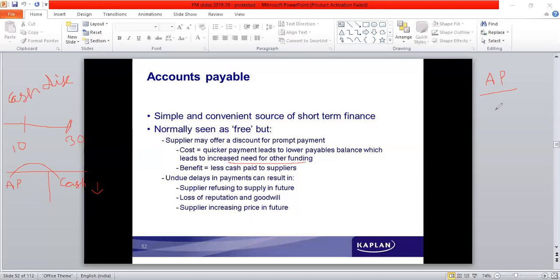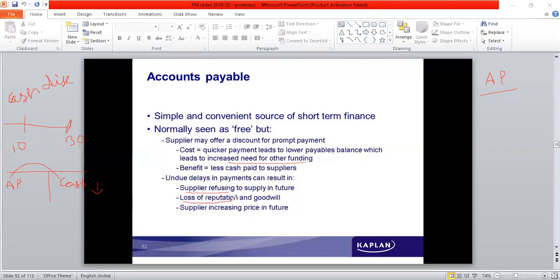So making the payment promptly can build up their reputation, or it can affect their reputation. Undue delays in payment can result in suppliers refusing. If the payments are not made, suppliers in future may not be willing to extend more credit.